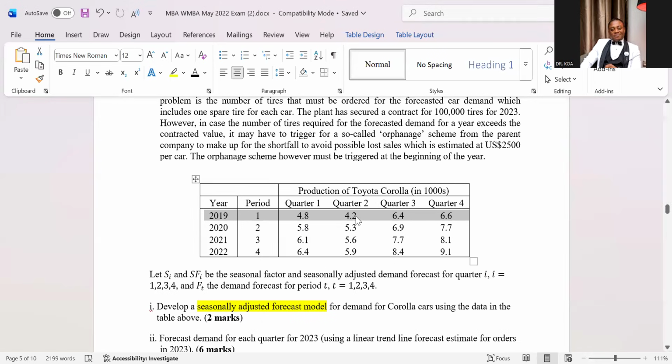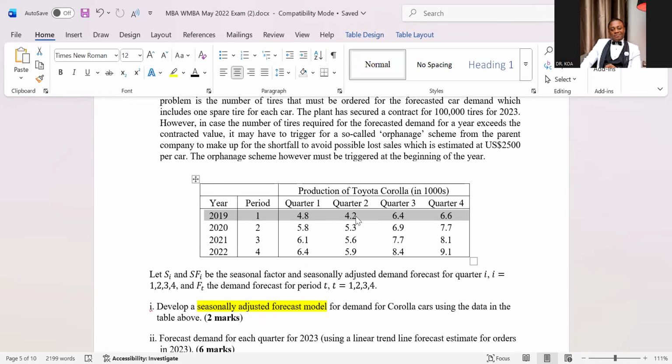The second quarter, the number came down. Then it went up in the third quarter because people are trying to prepare towards Christmas or so. And in the last quarter, it went even higher up. Okay. The same trend continues.